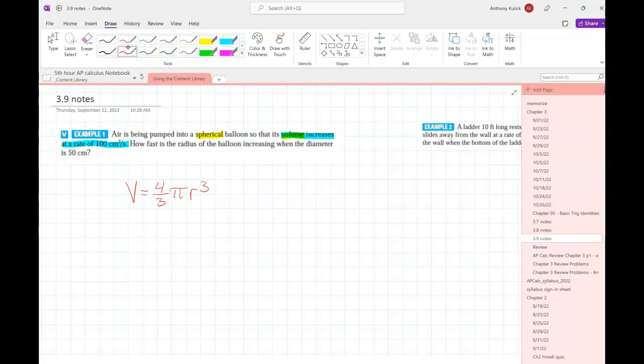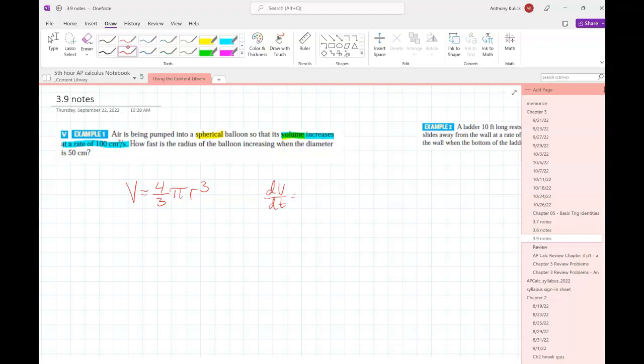Cubic centimeters is a measure of volume. And then the seconds is a measure of time. So what do we have here? A rate. We have dV dt.